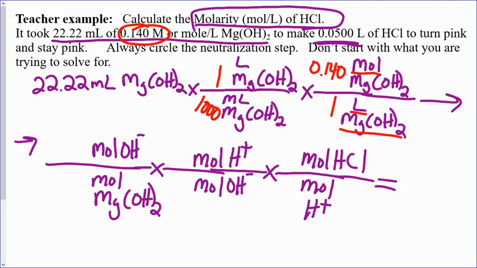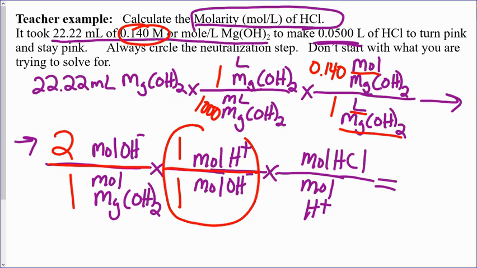We go over here, we have moles to moles. This is asking over here on this step, basically how many OHs are there in Mg(OH)2. So there's 2 OHs for every 1 mole of Mg(OH)2. This step is our neutralization step. It's always 1-to-1, and we circle it because it's key to everything that we do.